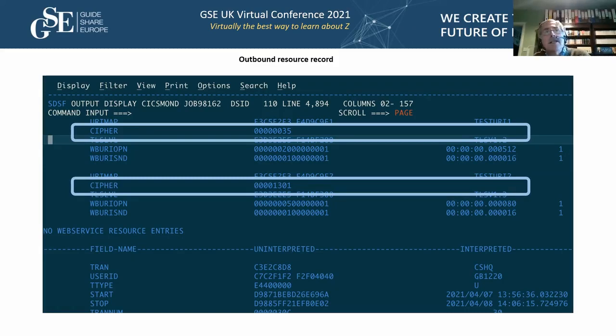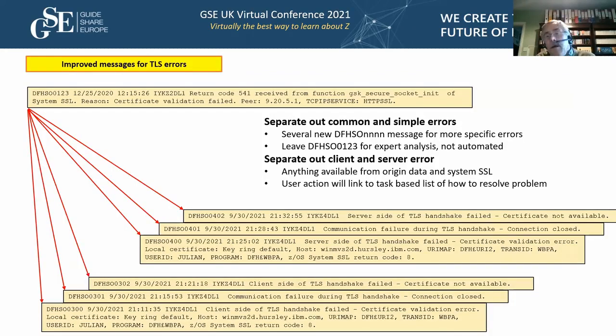So finally, in the TLS area, I'll talk about the diagnostic messages. Now, in our wisdom, we tended to issue a message which was for TLS errors for just about every single TLS connection error going, whether it's inbound or outbound. And this was message DFHSO0123.